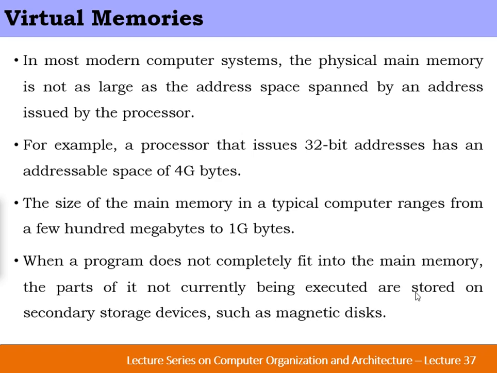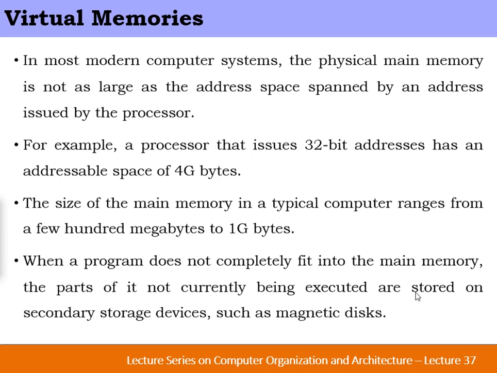Assume that the processor has 32-bit addresses. If a processor has 32 address lines, then it can access 2 to the power of 32 memory locations. So the addressable space is 2 to the power of 32, which is equal to 4 gigabytes. But the size of the main memory may not be 4 gigabytes.